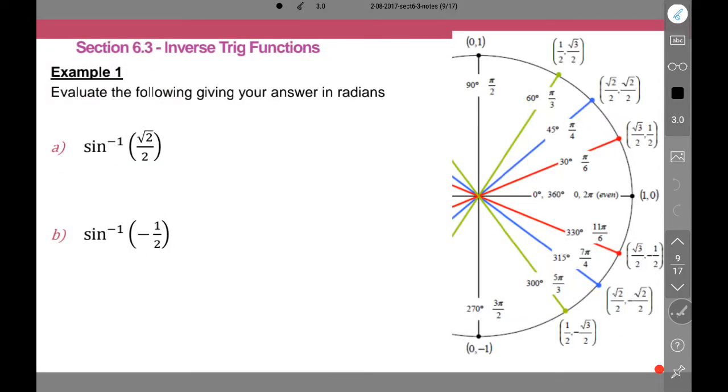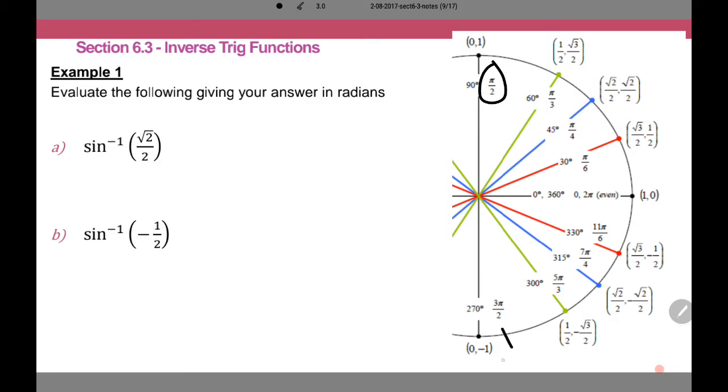So pretty much we're going to be using the unit circle to figure out some of these values. We need to give our answer in radians. Now I included this after the unit circle because this is positive pi over 2, and down here is negative pi over 2.